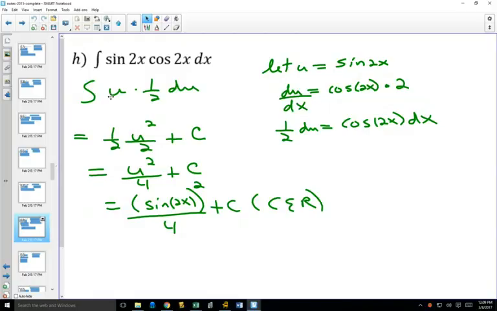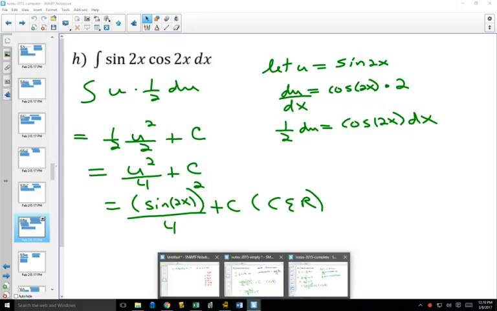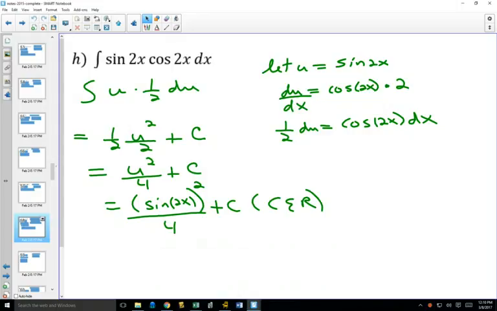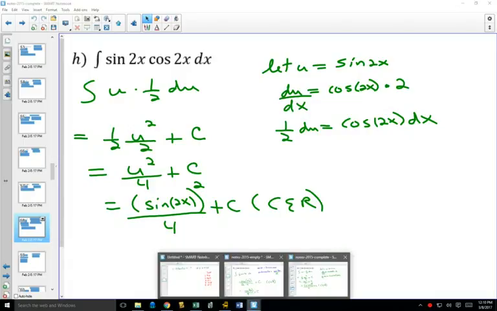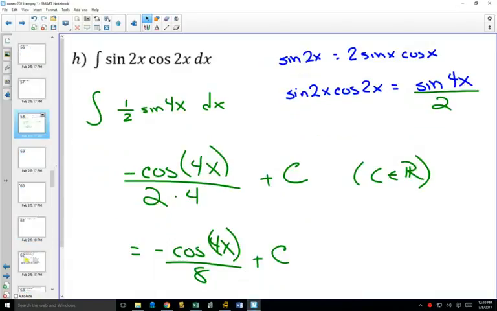One integration gave us sine 2x squared over 4, and our other integration gave us negative cos 4x over 8.